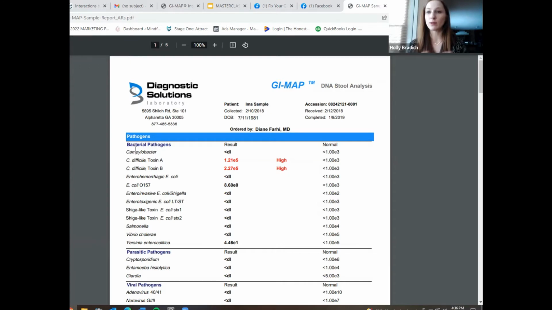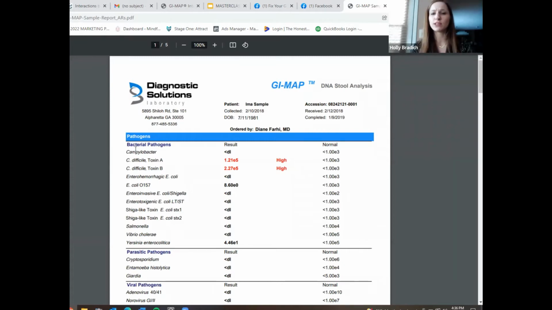So we talked about SIBO before. So we're going to take a look at some of the more normal or commensal bacteria shortly. And those are typically the ones that are colonizing your small intestine and causing SIBO. So they're not necessarily bad bacteria, but they're in the wrong place and there's too many of them. So that's how any kind of imbalance, it's a delicate system. Any kind of imbalance is going to cause issues.